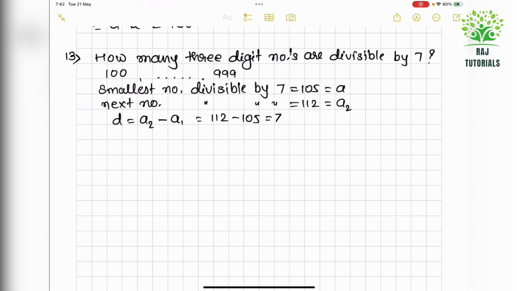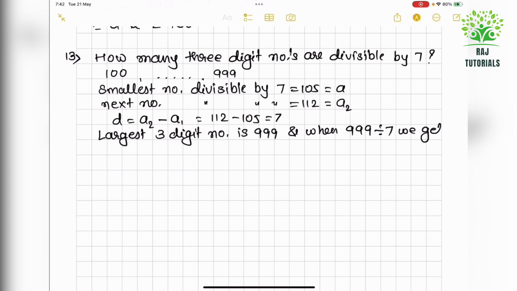So that will always be 7. See, the largest 3-digit number is 999, and when 999 is divided by 7 we get remainder 5. So it means that 5 is remaining.